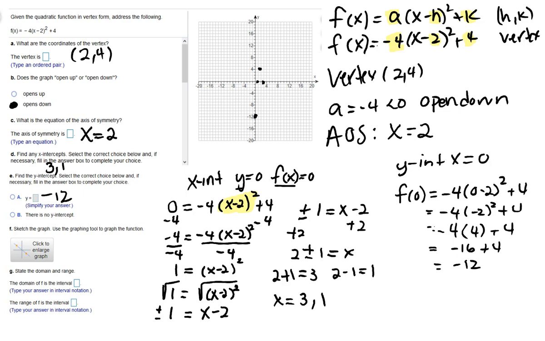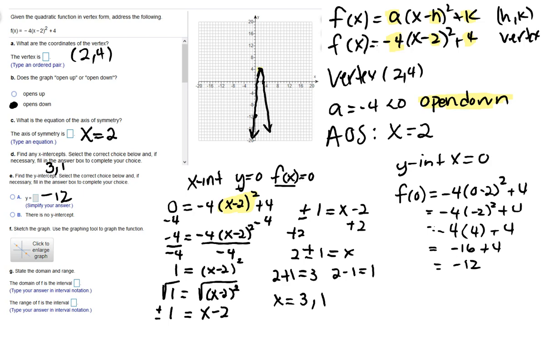And the important thing to remember is that these are not just random points. Our point right here of 2, 4 is the vertex. That is the point where this graph is going to turn around. And remember, we said earlier that this is going to open down, so it's going to turn around opening down. So I'm going to draw a little peak there at that point and then go through the other points.